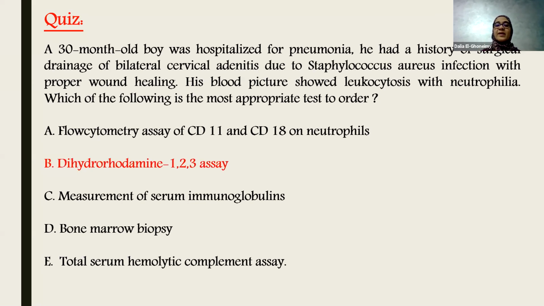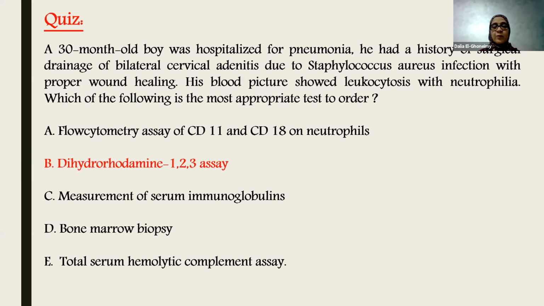Definitely the answer is the dihydrorhodamine assay, because this patient has a picture of recurrent bacterial infection, and they have proper wound healing, and his blood picture showed leukocytosis with neutrophilia. So we go with congenital phagocytic defects, most consistent with CGD, as the patient has proper wound healing and no history suggestive of leukocyte adhesion deficiency.